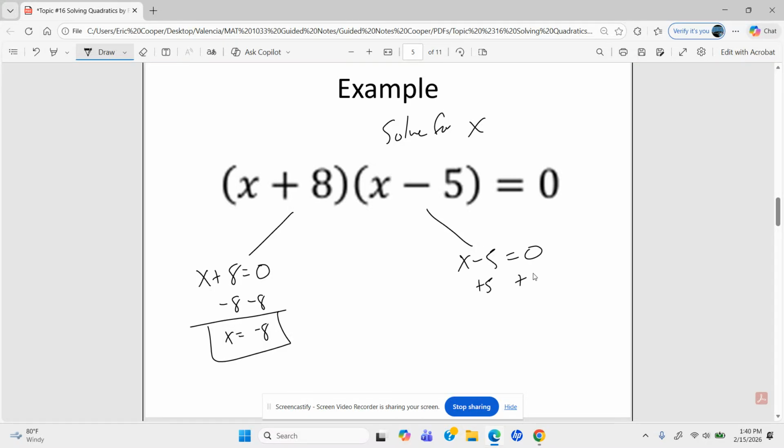I would add 5 to get x by itself, and I would find that x is equal to 5. So while I do 5 plus 8 and get 13, 5 minus 5 is 0. 13 times 0 gives me 0. This tells me these are the only 2 values of x that I can plug in and get back an answer of 0. Because again, the only way I can get 0 is if one of those 2 multiples is 0 itself.